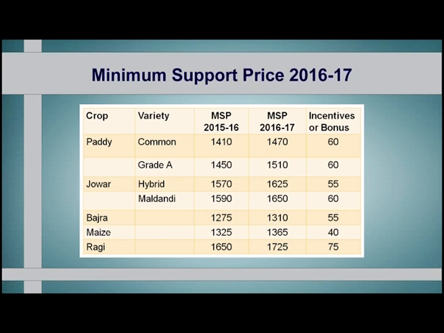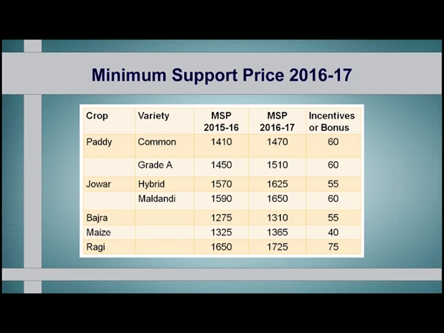This is for the common paddy variety, and for grade A variety it is 1450 in 2015-16, which has increased now to 1510, and again the increase of 60 rupees is there for the paddy grade A. Similarly, for jowar, hybrid and maldandi, it has increased from 1570 to 1625, giving an increase of 55 rupees for hybrid jowar, and similarly for maldandi it has increased from 1590 to 1650, again giving an increase of 60 rupees.